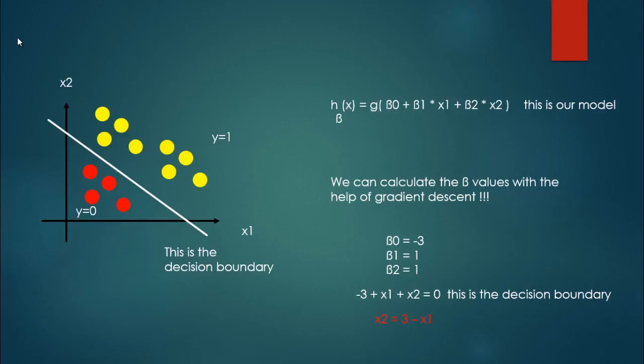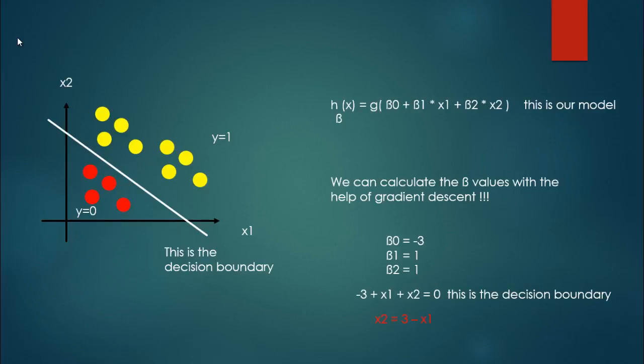So we have to find a decision boundary, and now that we have found the beta parameters, we can write the equation of the decision boundary, which is x2 equals 3 minus x1, the equation of this line we have drawn here. So the intersection with the x2 axis is +3 and the slope is -1. So that's all. If you are familiar with higher math, this is the equation for this decision boundary.